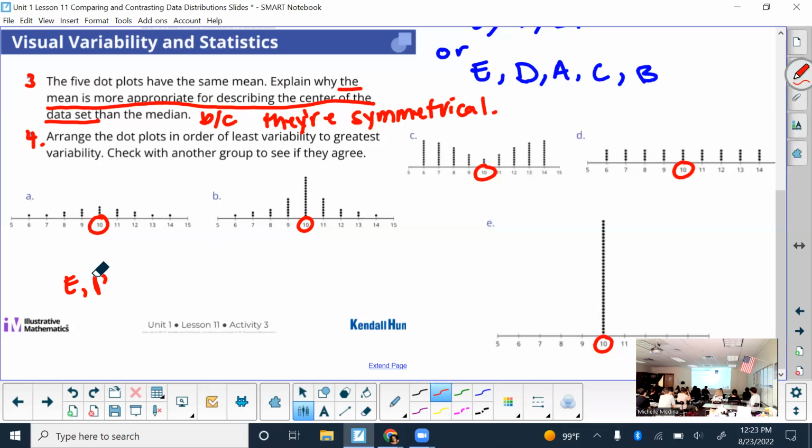B is the next least spread out, because that one has most of the data clumped in the middle, mostly on the 10, and then very few on each end. So good. What would be next?